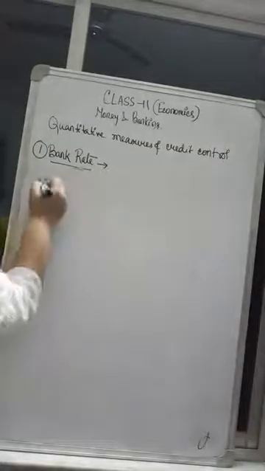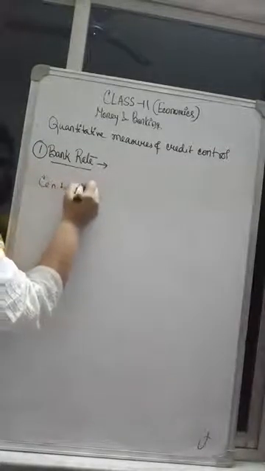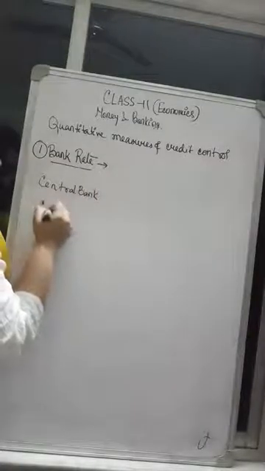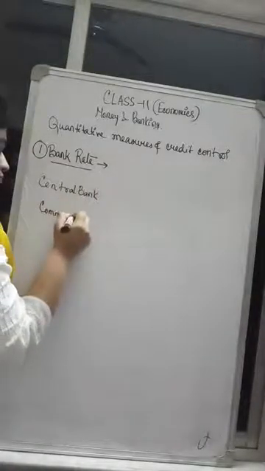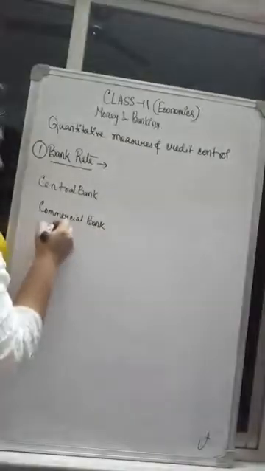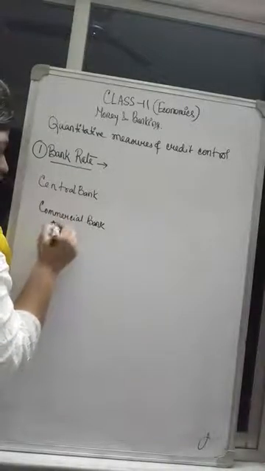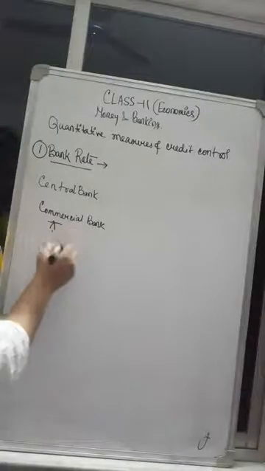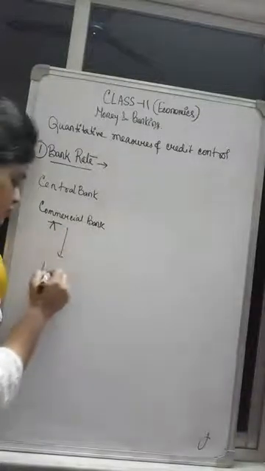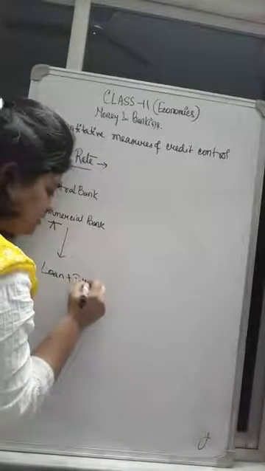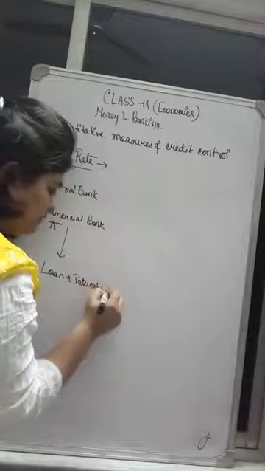The central bank is a bank to the commercial banks. Commercial banks want to earn profit. When they can give more loans, they earn more interest income.